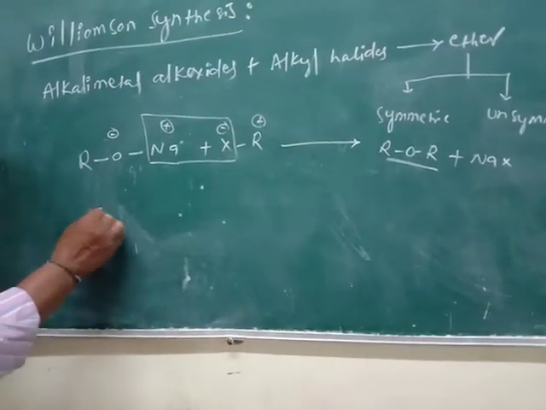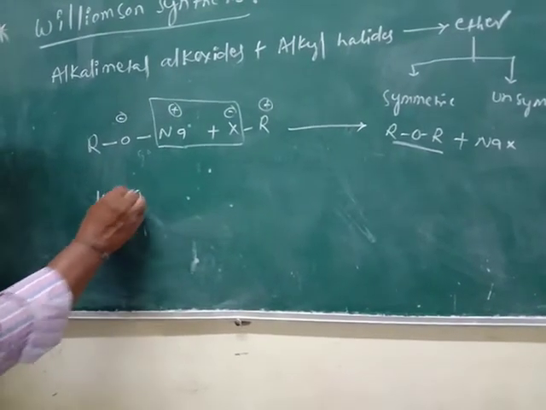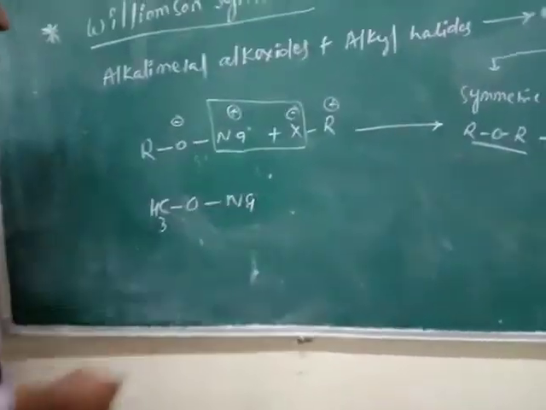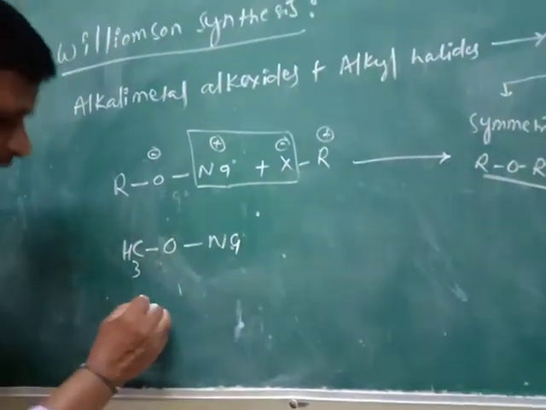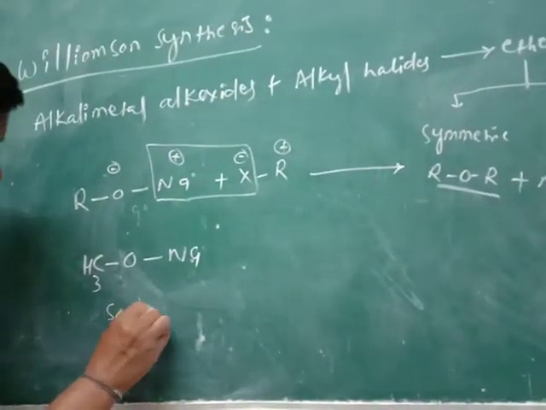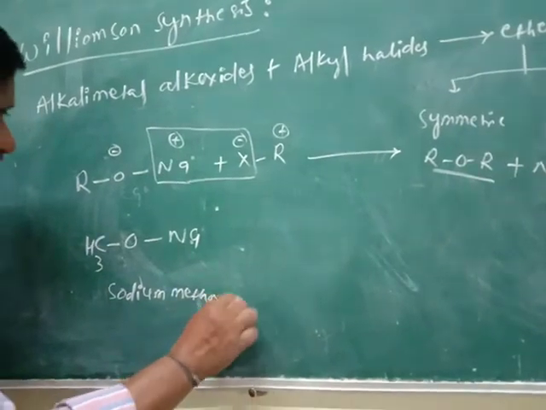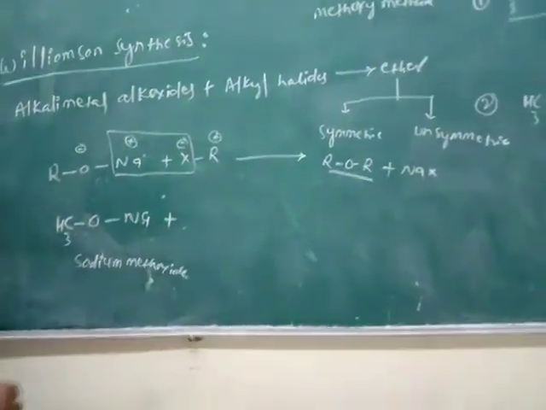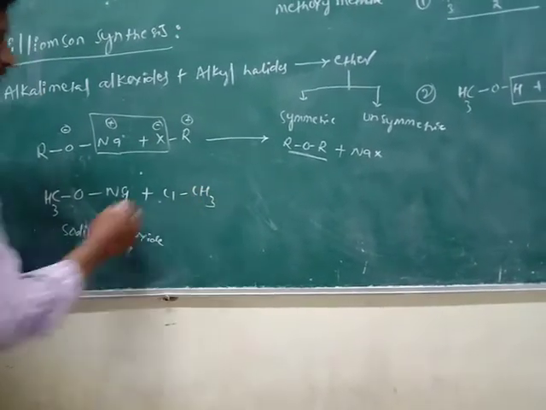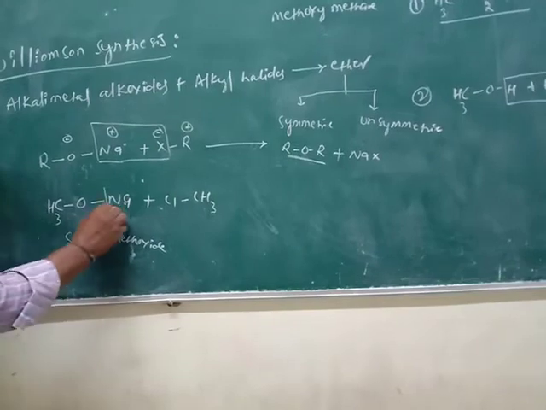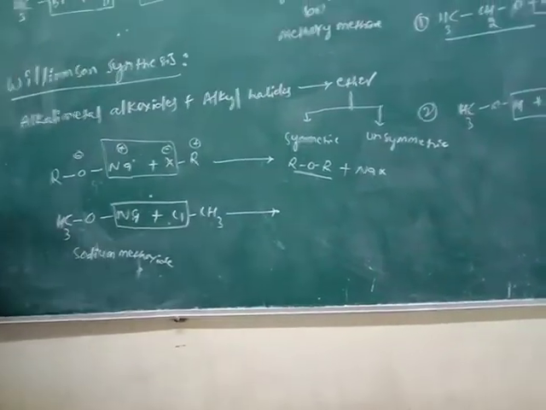For example, CH3-O-Na is sodium methoxide. Sodium methoxide is treated with methyl chloride. Na combines with Cl to give NaCl.